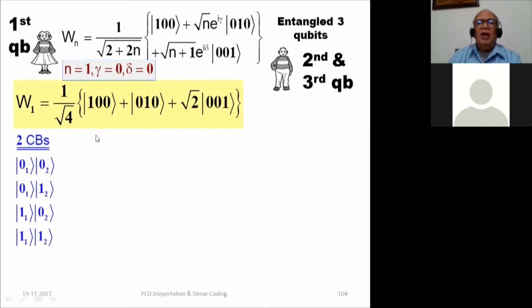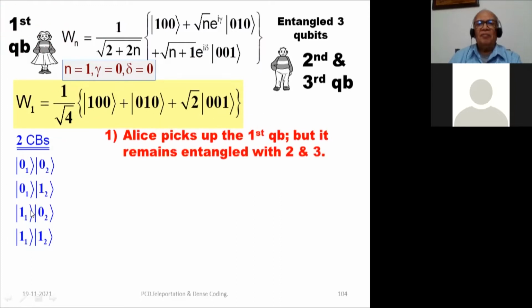And the information to be communicated to Bob using no more than a single qubit is about 2 classical bits. And these 2 classical bits constitute a pair, but it can be any one of these 4 pairs. So Alice has got the first qubit. It remains entangled with qubit 2 and qubit 3. And Bob can now go away to a different location with qubit number 2 and qubit number 3.